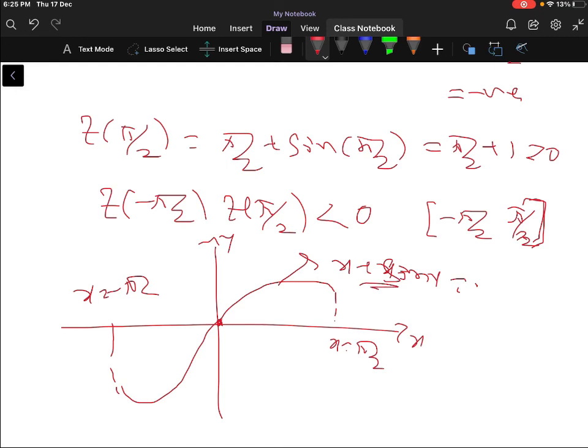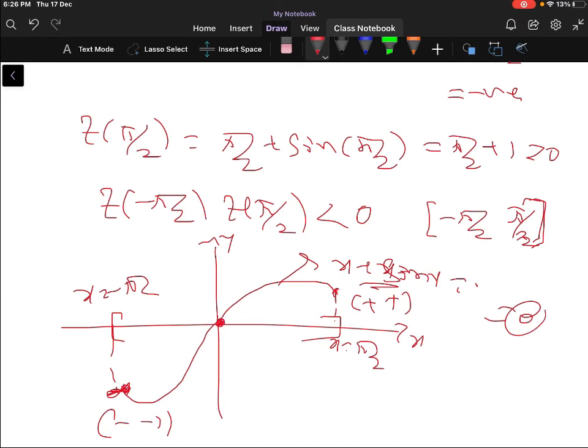So 0 is a root of this equation. When x equal to 0, 0 plus sin 0 is 0. Therefore 0 is a root of this equation. You can observe that f of minus pi by 2 is negative, y is negative at this point, and here both x and y are positive. So f of minus pi by 2 is negative, f of plus pi by 2 is positive. Therefore the root lies between minus pi by 2 and plus pi by 2.